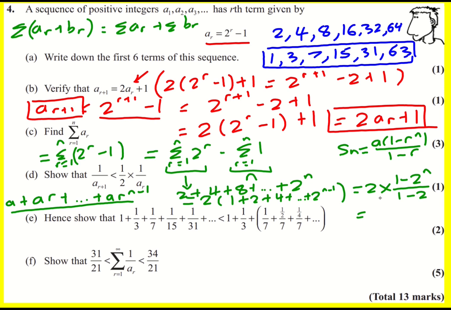We've got like a negative down here, so it's actually going to become 2 times (2 to the n minus 1). And so my final answer for the sum r equals 1 of a_n is going to be 2 to the r plus 1 minus 2 minus n.